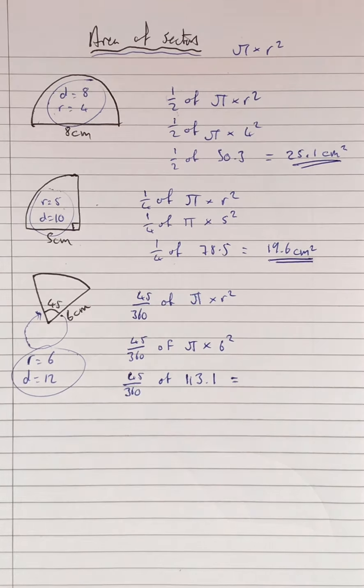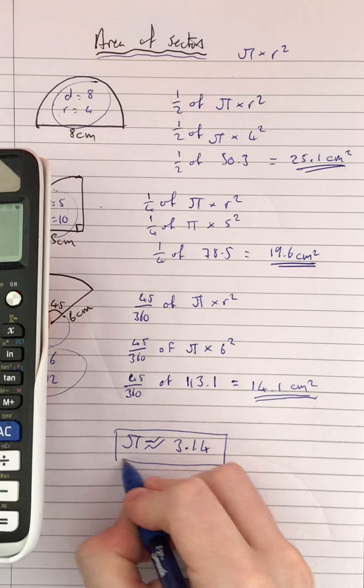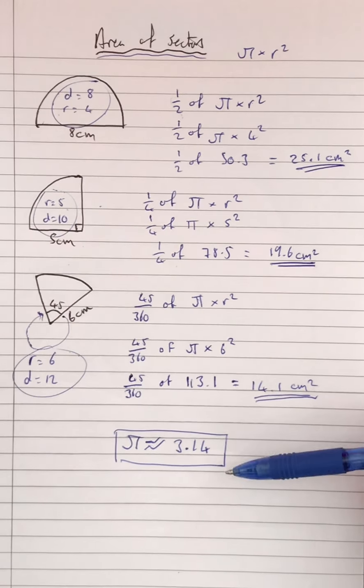Now, for those of you without a scientific calculator, firstly, you're going to let pi equal 3.14. That's going to be the approximation you use, 3.14. If you need to work out a fraction of an amount that doesn't involve halving or dividing by 4, then this is how you're going to do it, okay? Say we want to work out 45 360ths of 113.1.